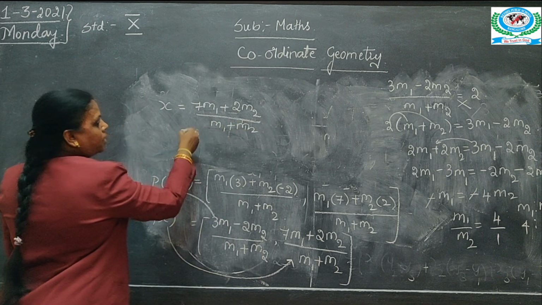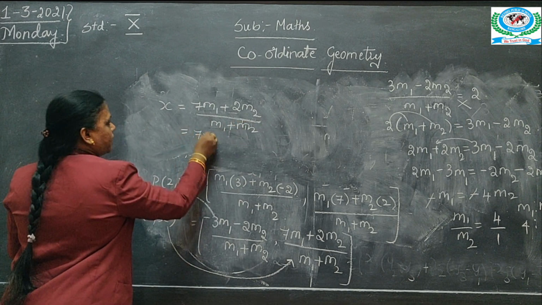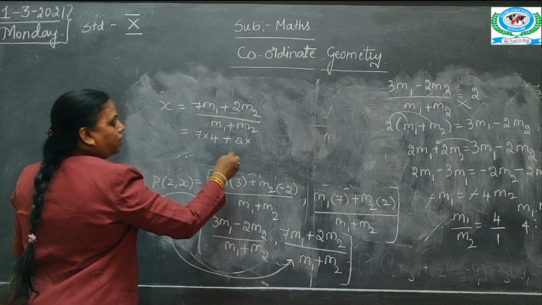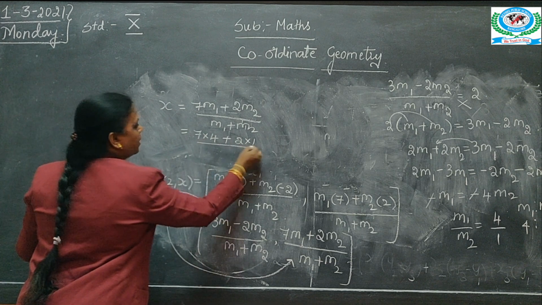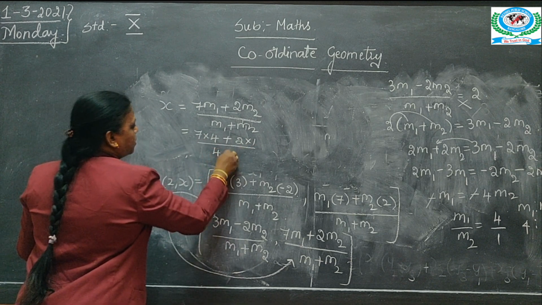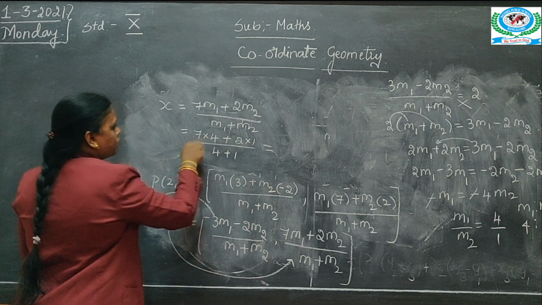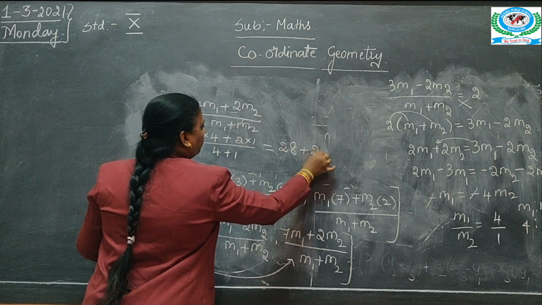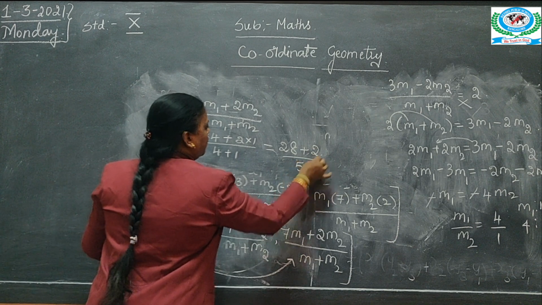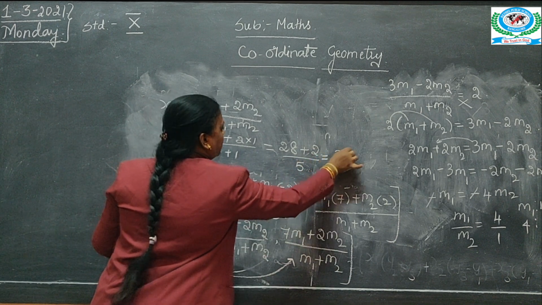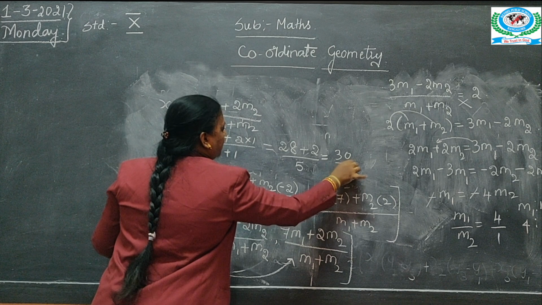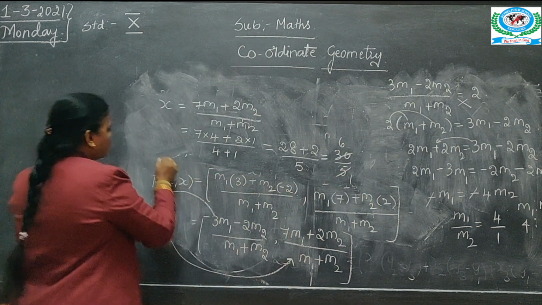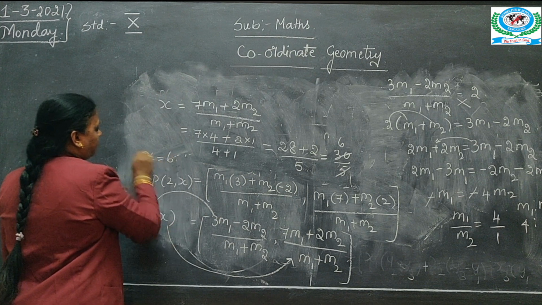So m1 is 4, so 7 into 4 plus 2 into m2, which is 1, divided by 4 plus 1. Okay, so 4 7s are 28, plus 2, divided by 5. So 28 plus 2 is 30 divided by 5. 5 1s are 5, 5 6s are 30. So x value is 6.